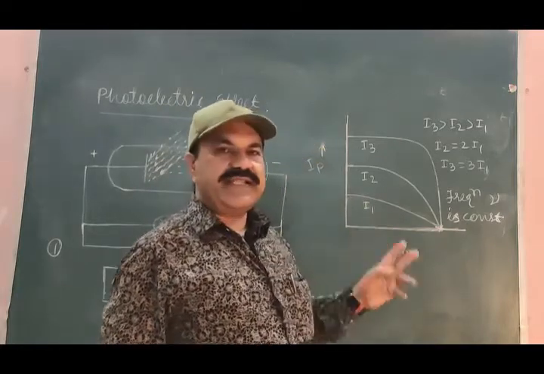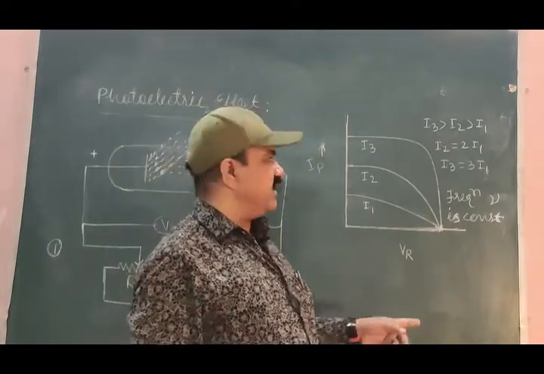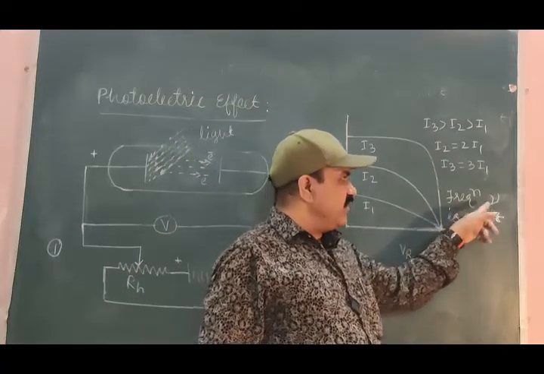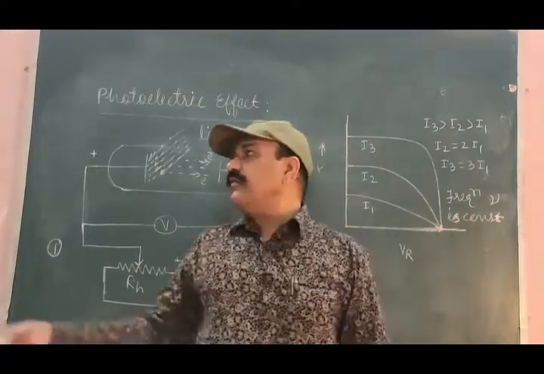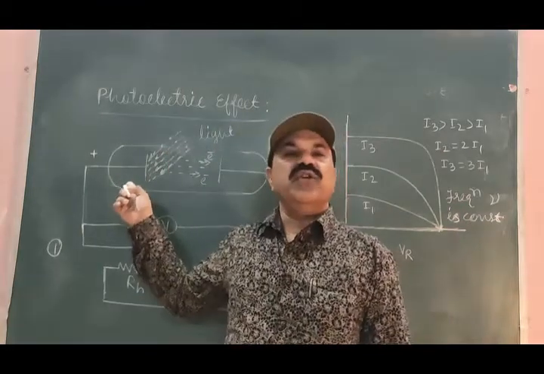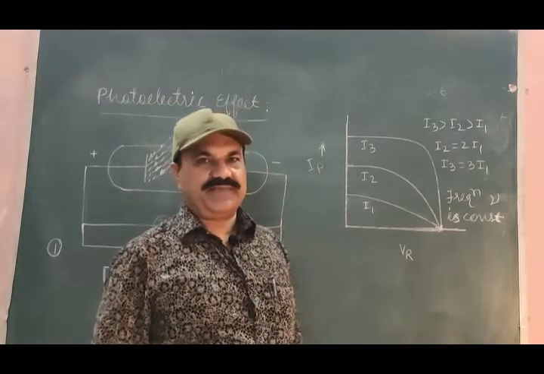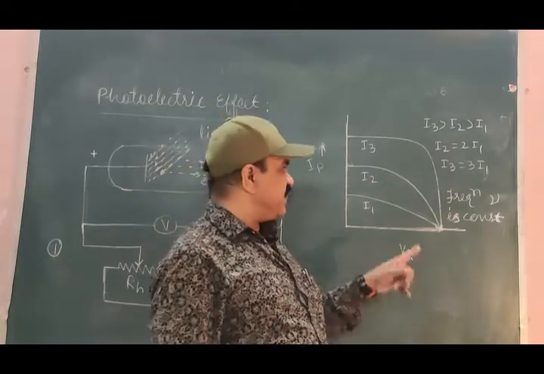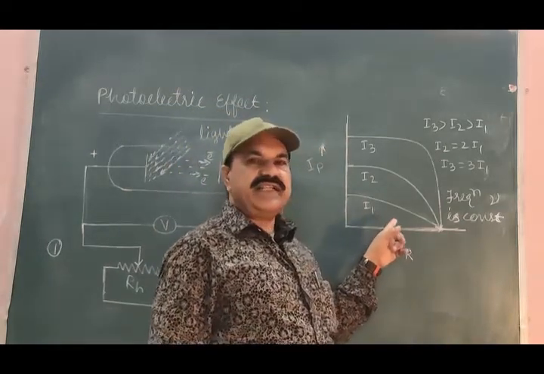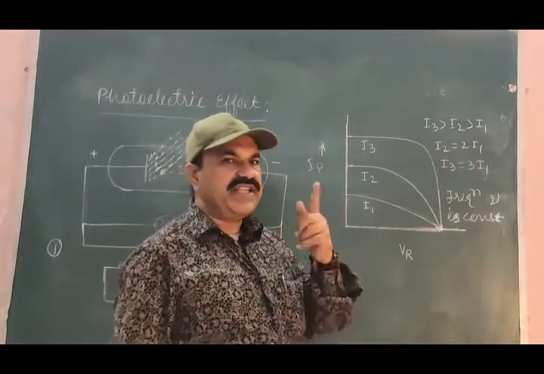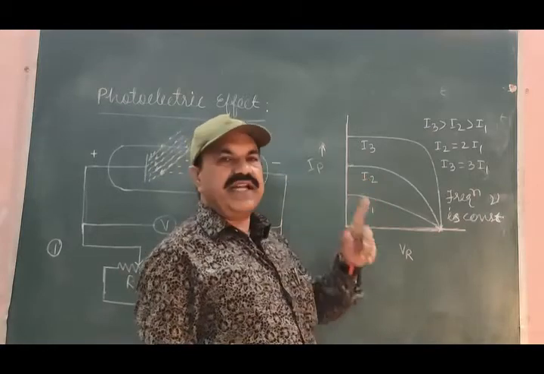Okay, three sets of observations are taken. While three sets of observations are taken, the frequency nu of the light falling on this metal surface is held constant. For the first set, the intensity considered is I1. For the second set, the intensity is I2.